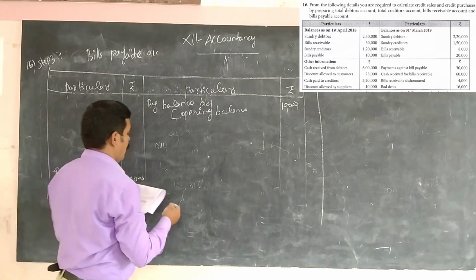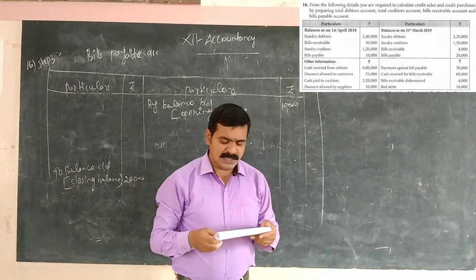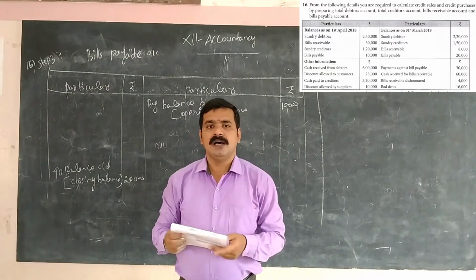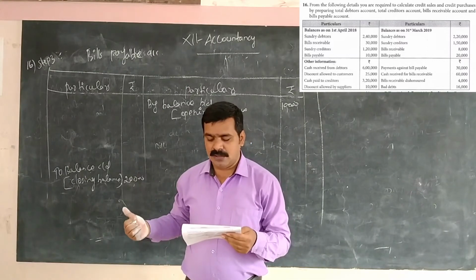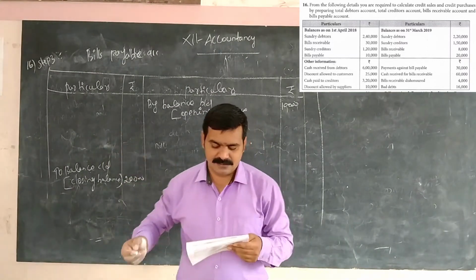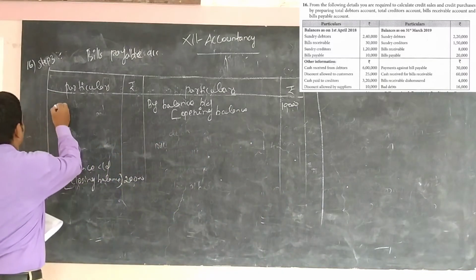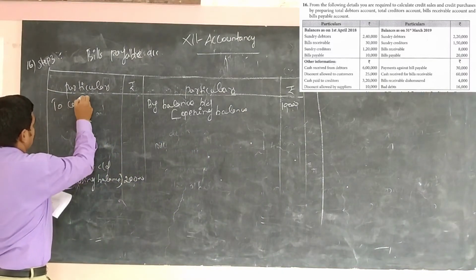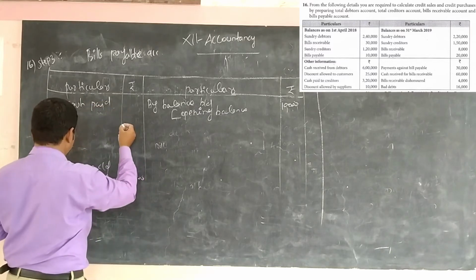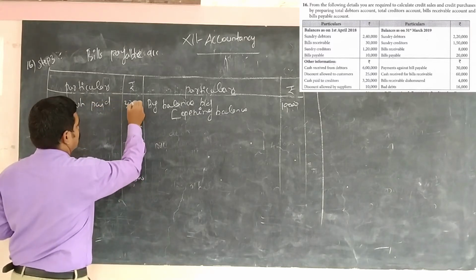Okay, so now payment against bills payable. The payment against bills payable comes under bills payable ledger account, and also debit side. So that is to cash paid. The amount is 30,000.